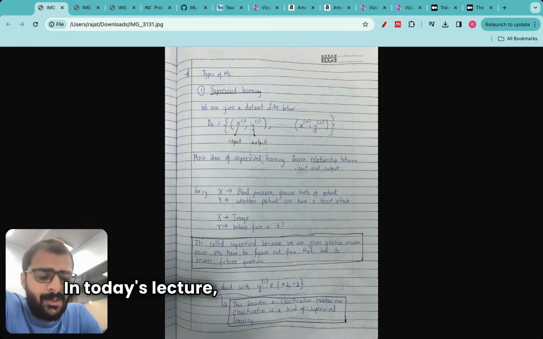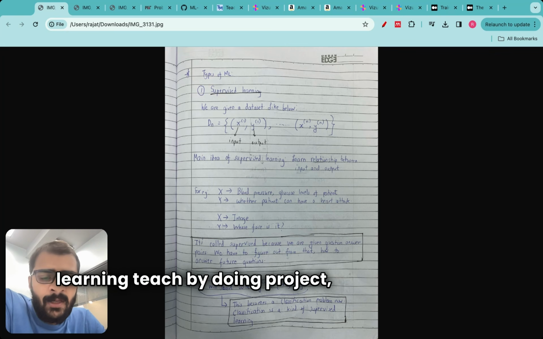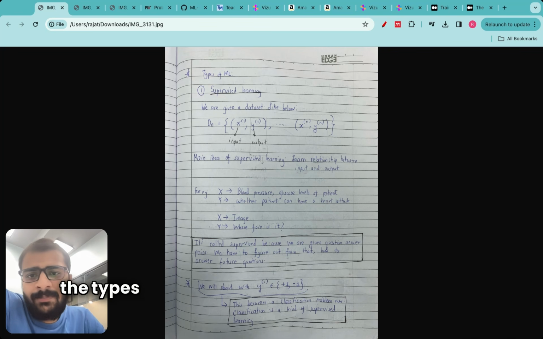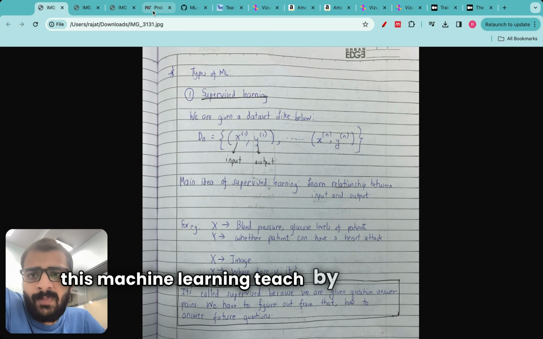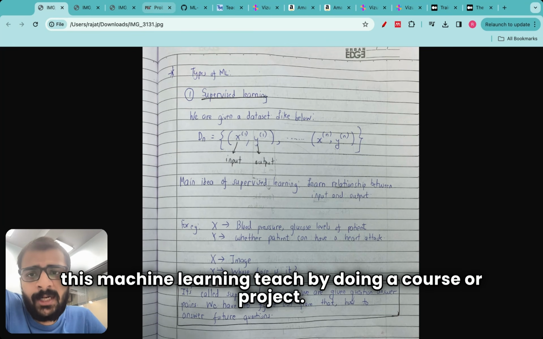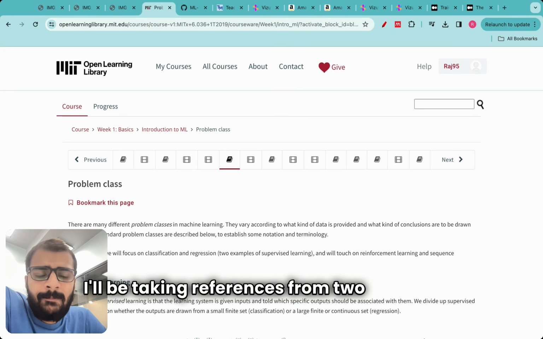In today's lecture, or in day 3 of the Machine Learning Teach by Doing project, we'll be looking at the types of ML models. As is the case throughout this course, I'll be taking references from two resources.